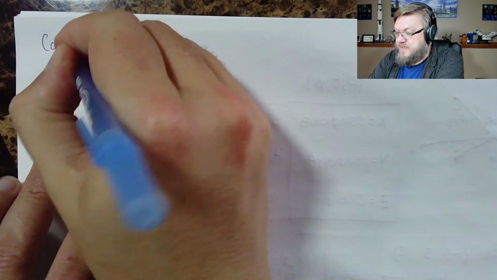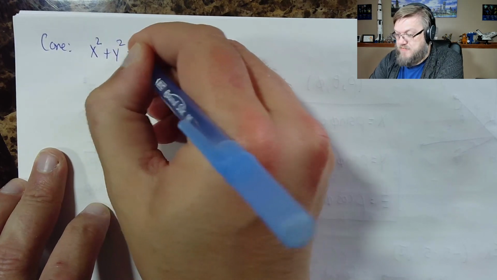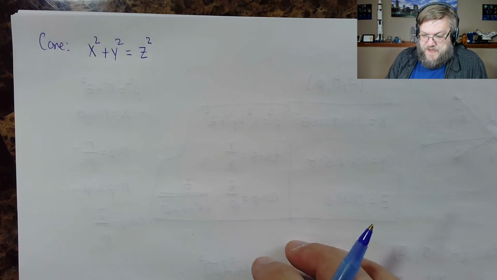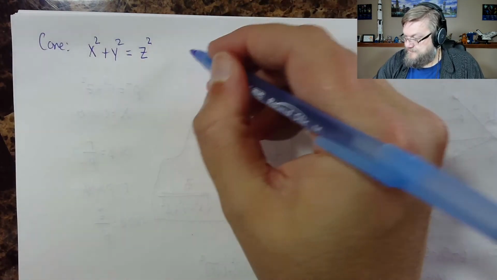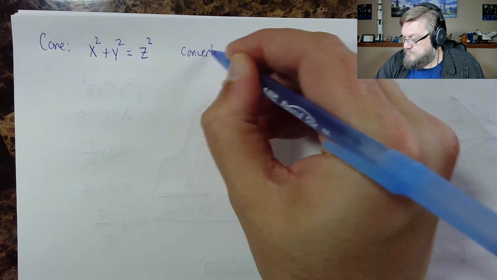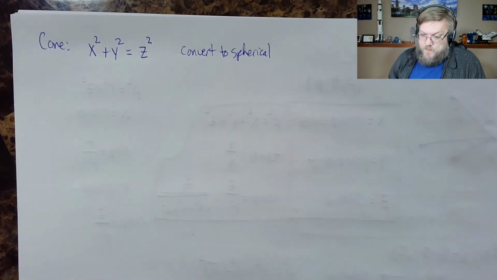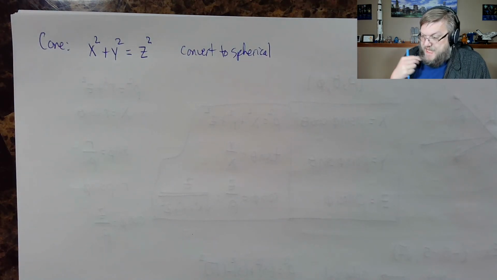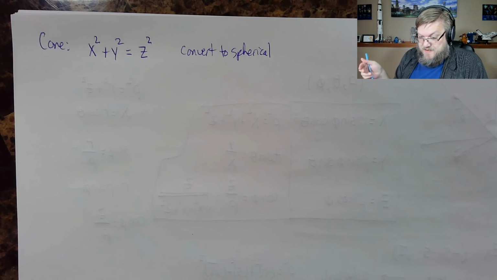Okay, so the cone we have is given to me as x squared plus y squared equals z squared. Okay, and I want to convert to spherical. Now spherical has as a rule x squared plus y squared plus z squared.